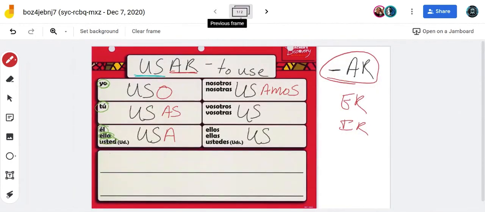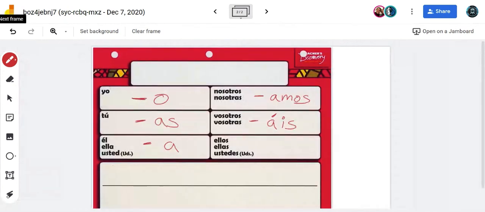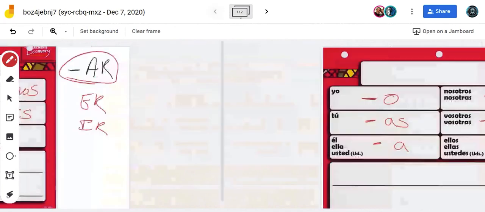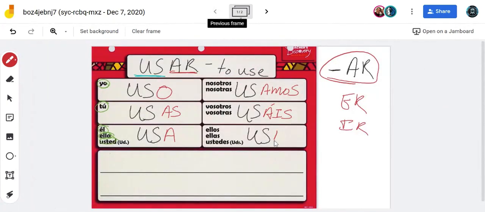So the vosotros form would be usáis. And last, the dash represents again the stem, and then we add an, on. So they use would be usan.